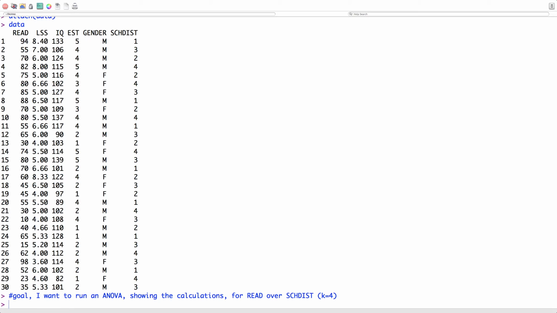Now, I'm going to need to create some things here. So, one of the first things I'd want to do in running one of these is, well, actually, let me back up a little bit here. Okay, right now, R sees school district as quantitative.